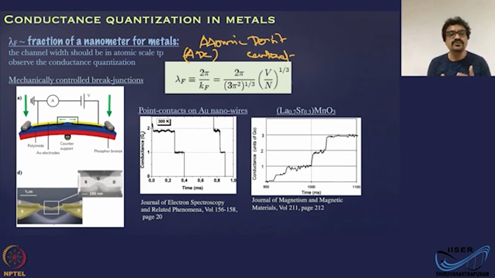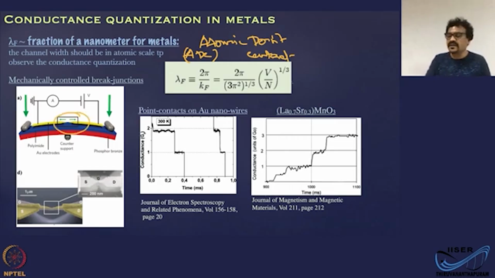So the way that we achieve this is by taking a conductor and pulling it or bending it, to a point where the constriction is made by a contact between a few atoms, and eventually you break it. So you can pull a thinned conductor here.